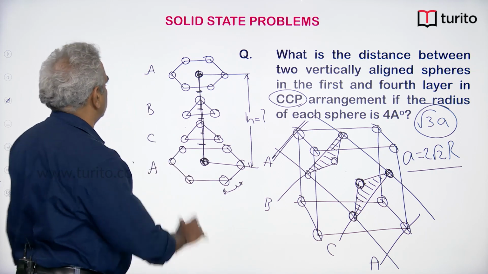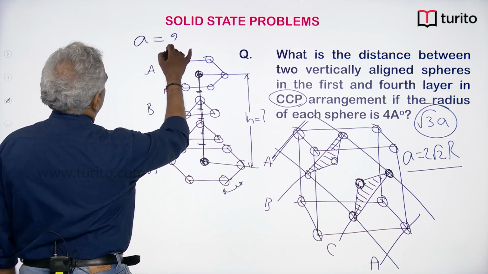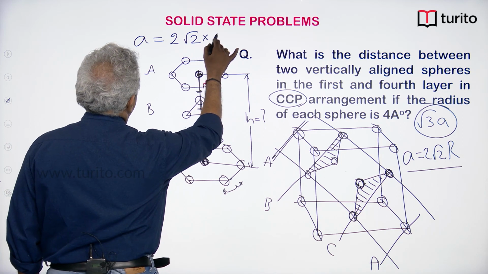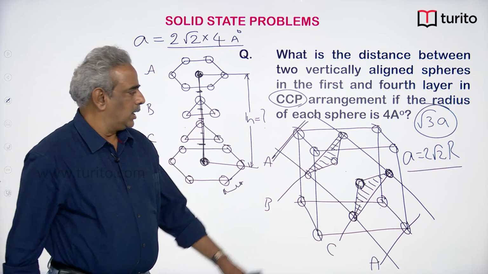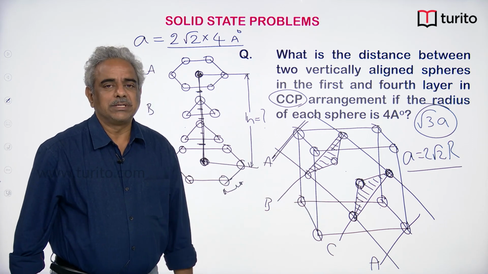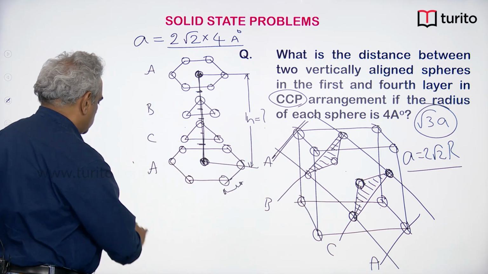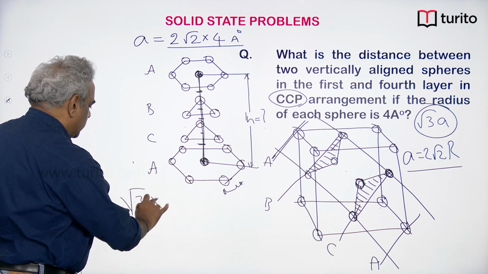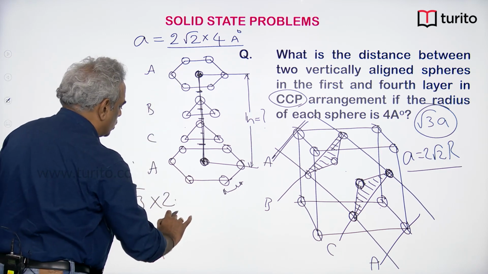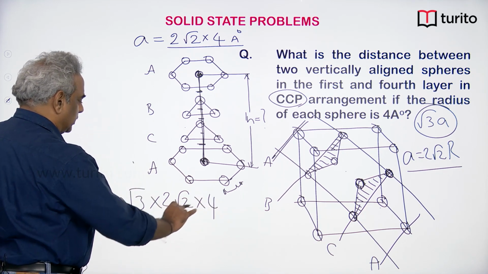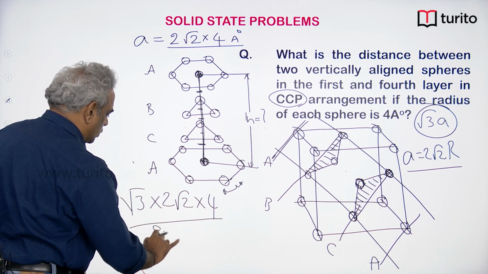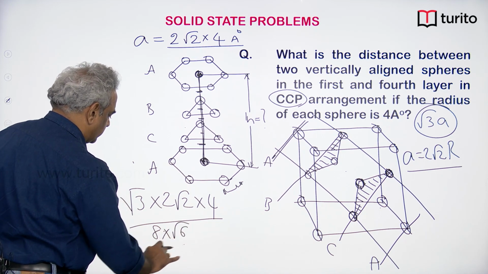So, A is equal to 2 root 2 into 4 angstroms. And our distance between the two spheres is root 3A. So, root 3 into A, where A is 2 root 2 into 4, you are going to get 8 into root 6.